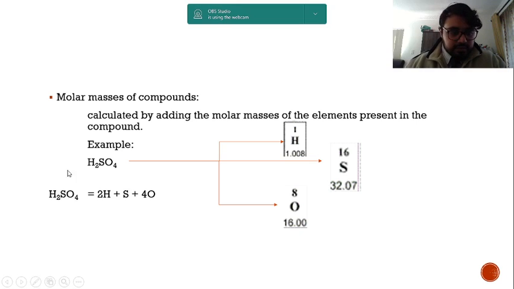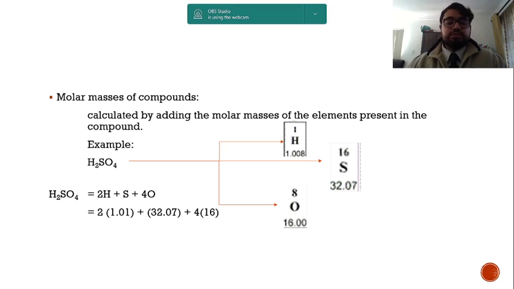And we have one sulfur, and we have 4 times O, which is the 4 oxygens, which means we will be saying 2 times 1 plus 32, because we only have one sulfur, plus 4 times 16, and that will give us a total of 98.09 grams per mole. And that is the SI unit for molar mass, which is grams per mole.